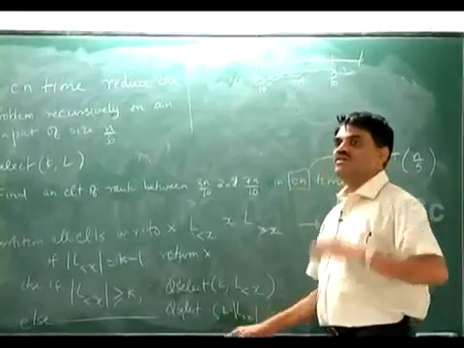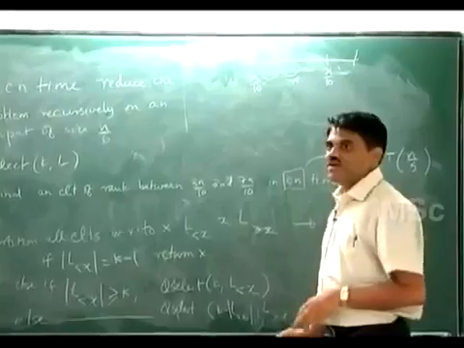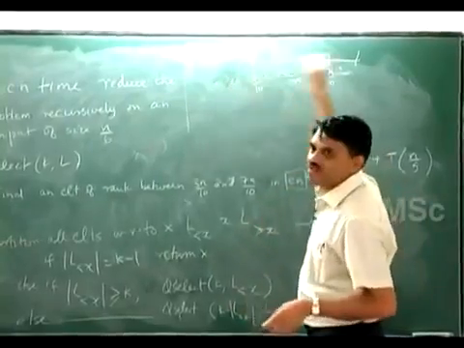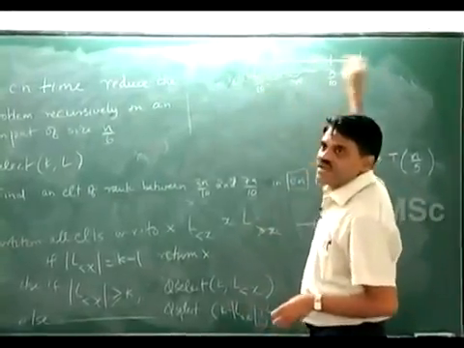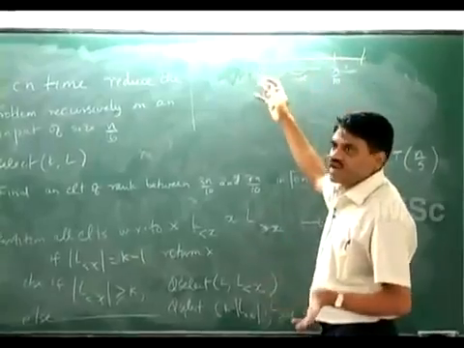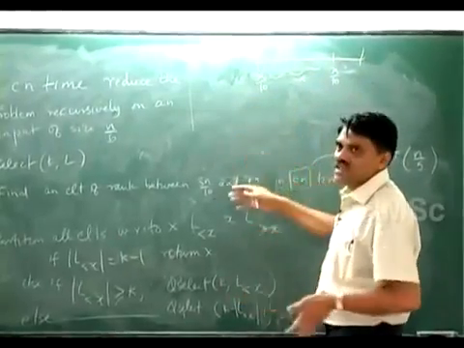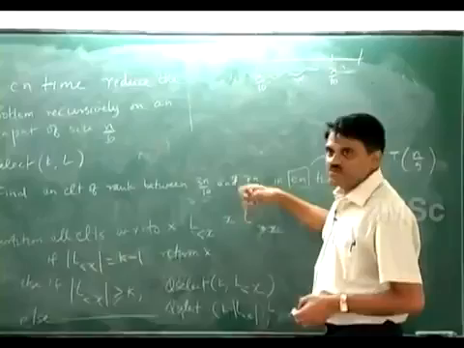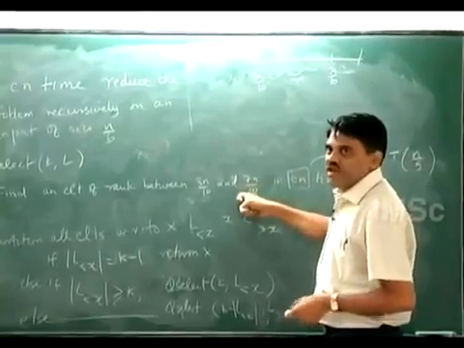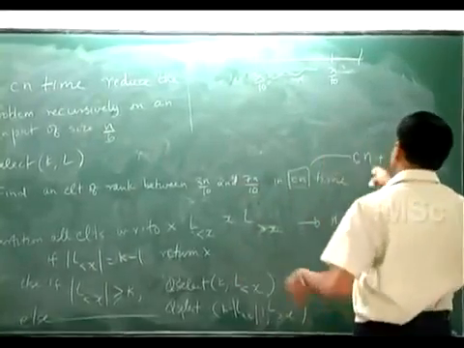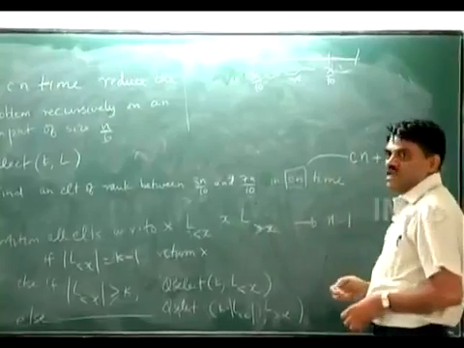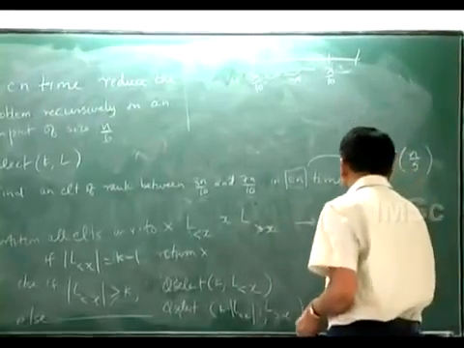Who said 7 by 10? Okay, is it clear? Because I end up throwing away at least 3n by 10, whether I recurse here or here. If I manage to find such an element, I have to explain how you do that. If I manage to find such an element, not just in Cn, but suppose I also spend a little bit more time, then what will be the running time?